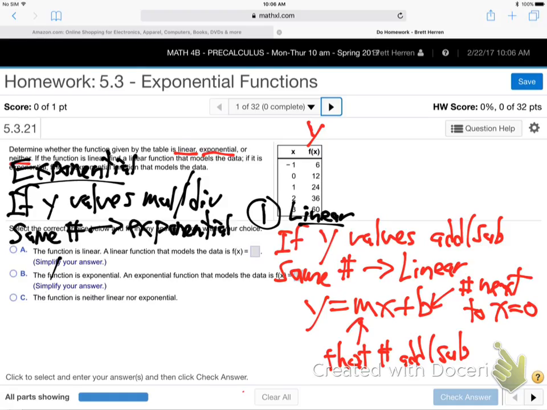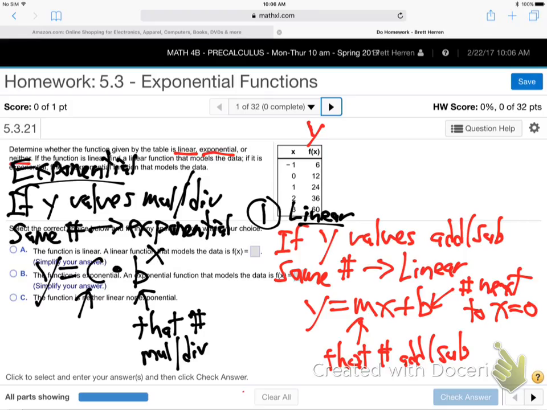And that means the formula is y equals c times b to the x, or whatever. c and b are just made up letters, where the b, the base, is that number multiplied or divided each time, and the c is the number next to x is 0, kind of like for the linear.